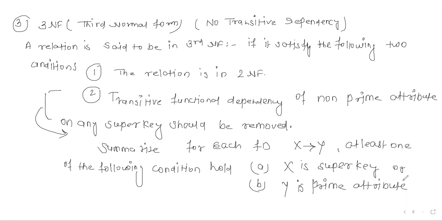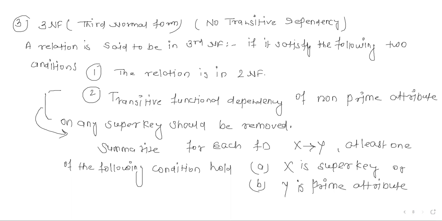If either of these two conditions holds, then you will say that your relation is in third normal form. Or for simplicity, as I told you, you have to find out the prime attributes and non-prime attributes, and you need to find out the super key.